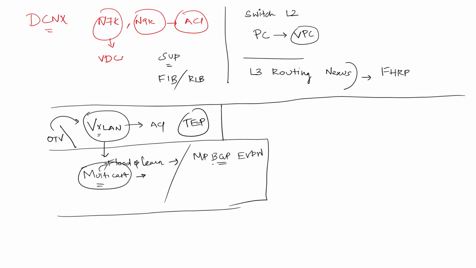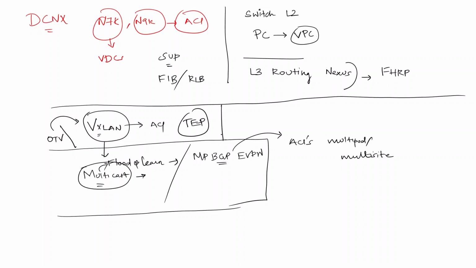Now MP-BGP EVPN can be very useful for you to deal with the ACI's multi-pod and multi-site scenarios, because the control plane used in multi-pod and multi-site scenarios of ACI is again MP-BGP EVPN.